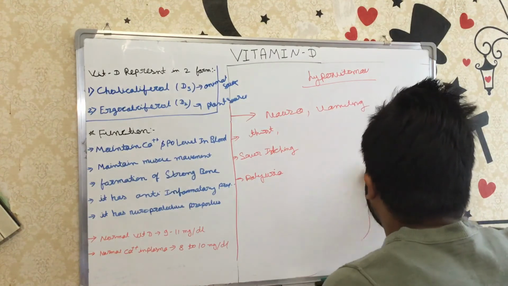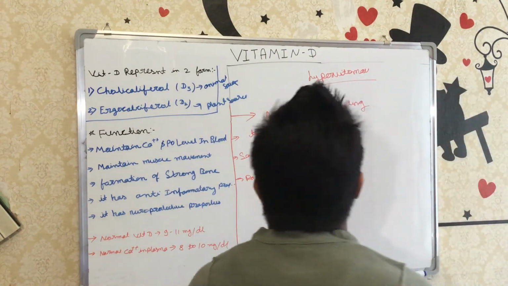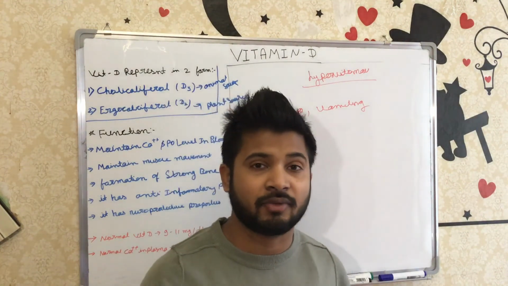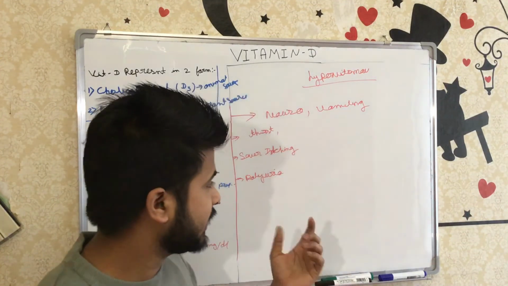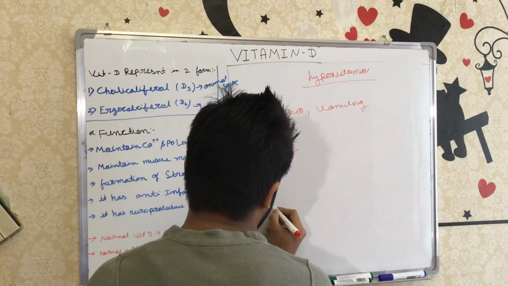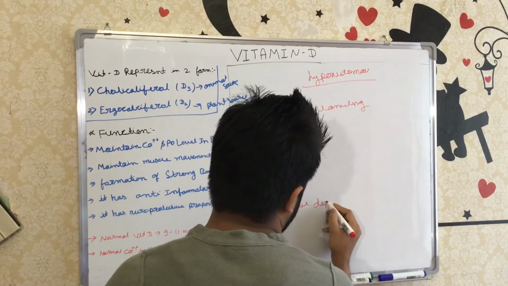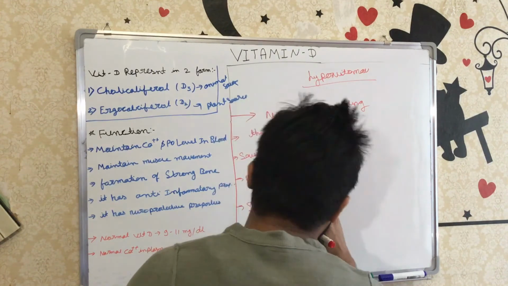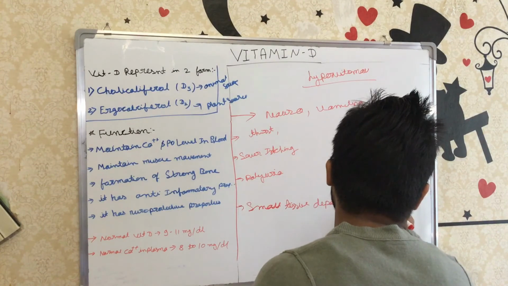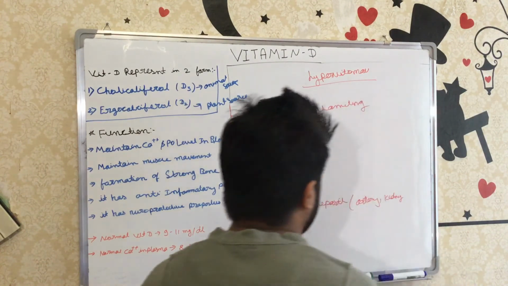And as we know, vitamin D is fat soluble, so it can be deposited all over the body in a very excessive amount. That's why it can deposit in soft tissue, such as arteries, and in the kidney, especially in the renal calyces.